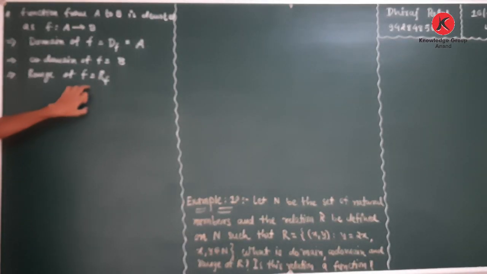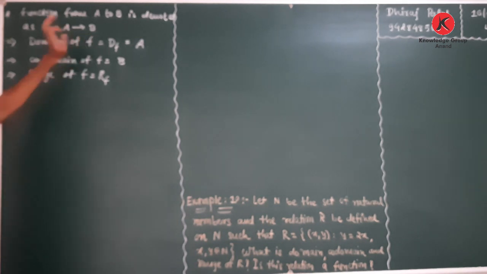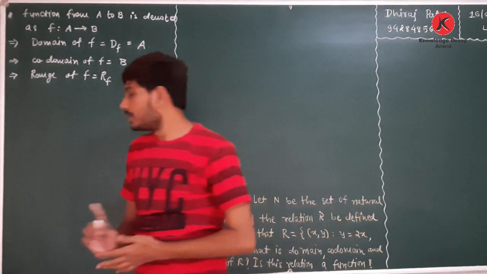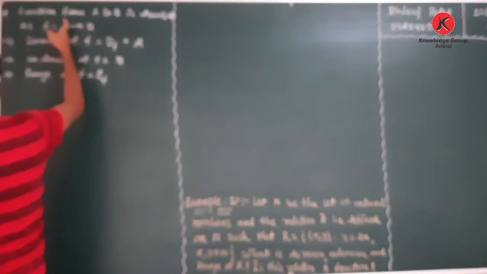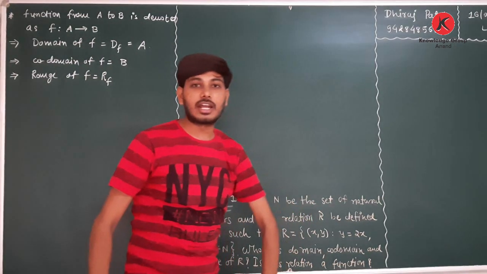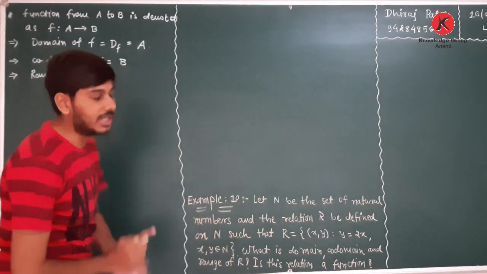Here, range is always a subset of codomain. Only the connected elements of set B will come in the range. Clear? The other thing is that all elements of set A that are connected are connected to one and only one element of set B.